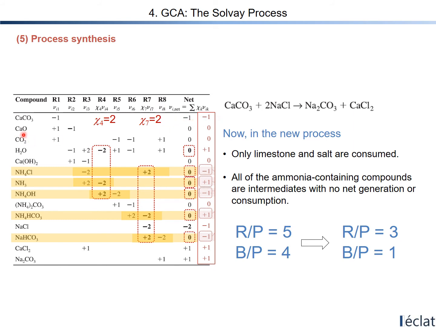Calcium oxide in the same way. CO2 in the same situation. And how about the H2O? Actually, we didn't take care of the H2O. However, reaction 4 affects the H2O. So the value is changing. It is going to 0.